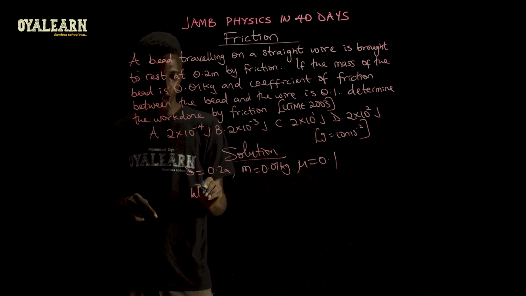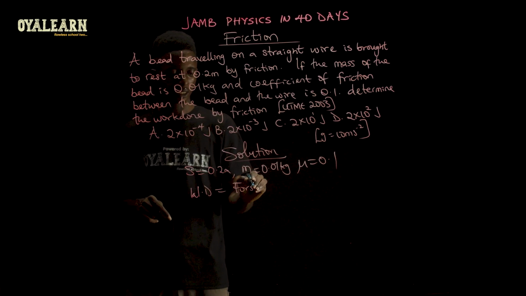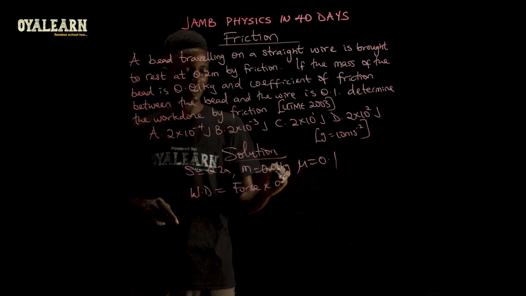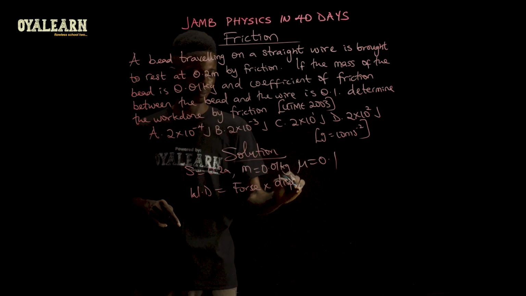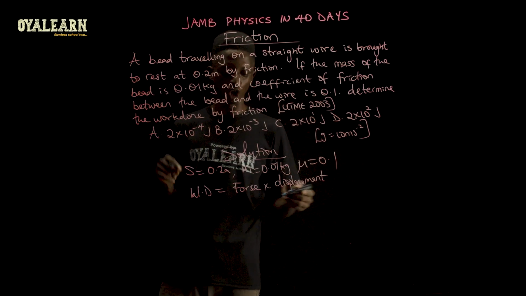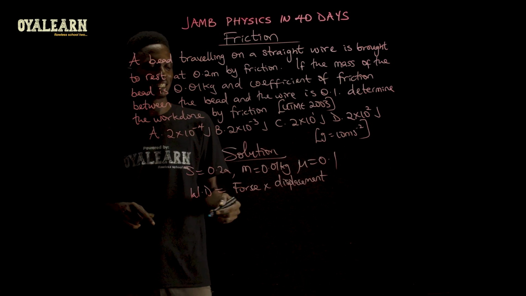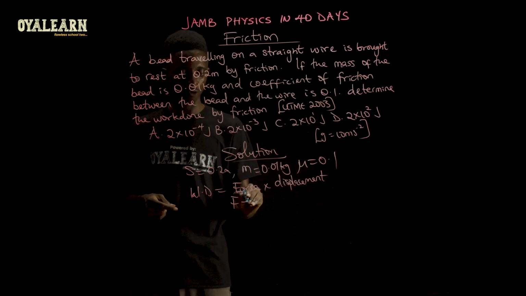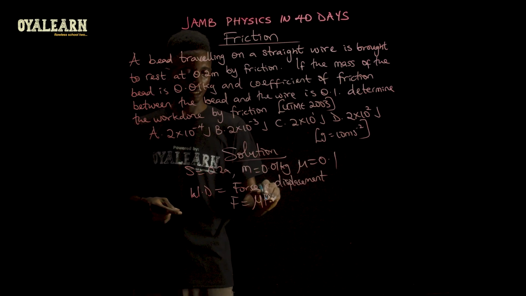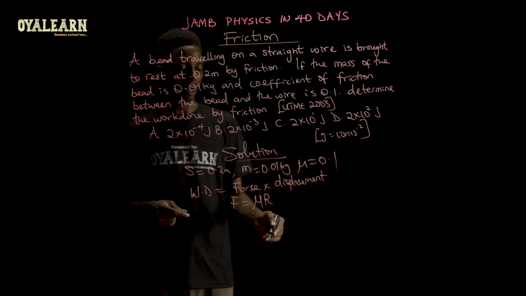Now, work done is force times distance or displacement. Remember, this is in the direction of the force. And this force here is the frictional force F, which is the coefficient of static friction multiplied by normal reaction.